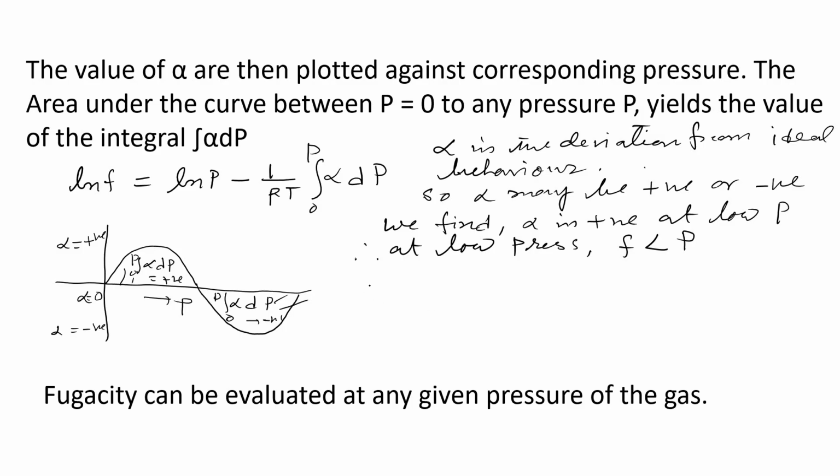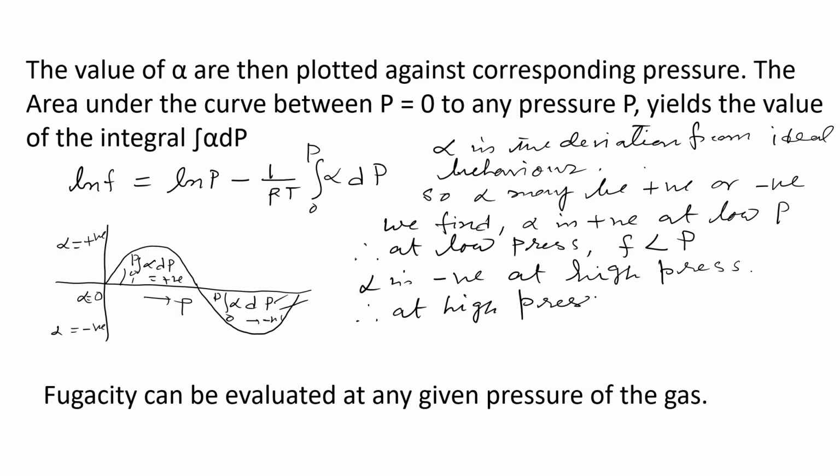Then alpha is negative at high pressure. We are observing negative alpha at high pressure, so therefore at high pressure, fugacity F is greater than pressure.